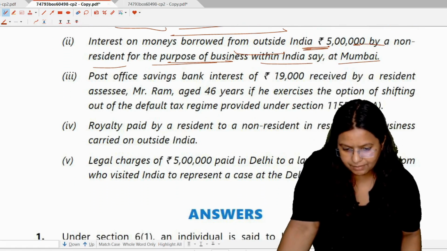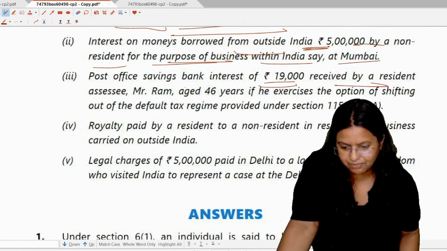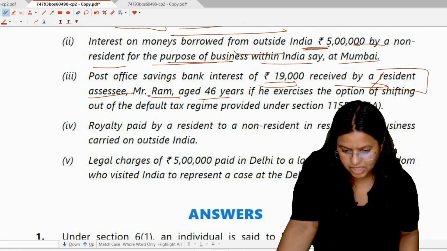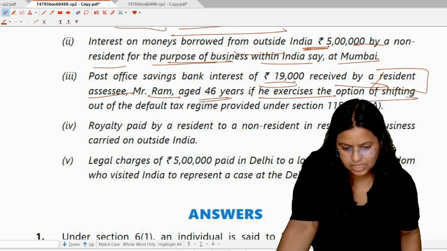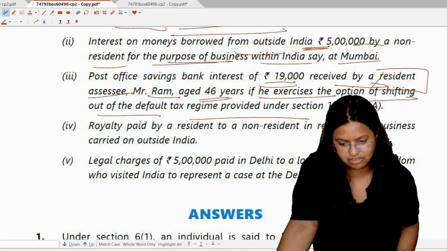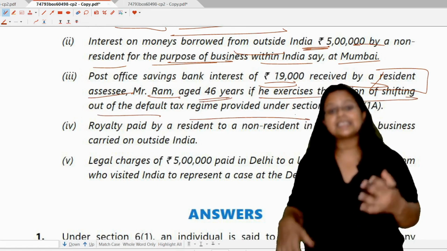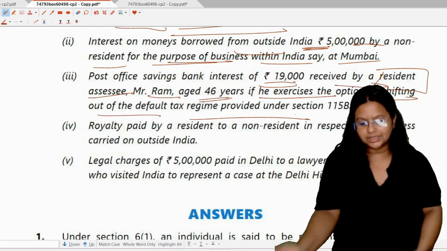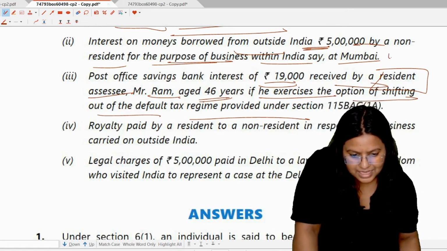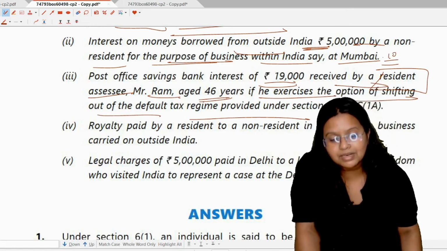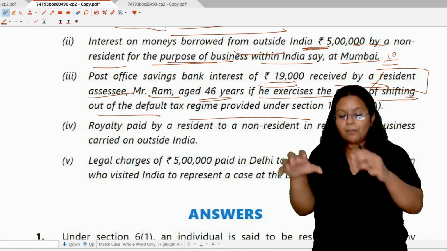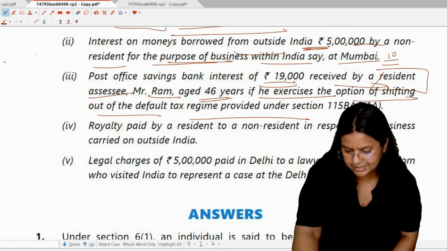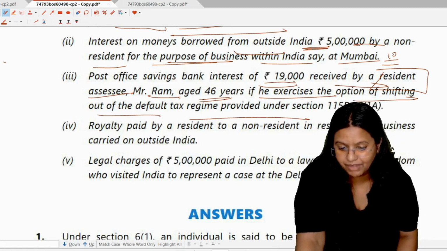Point number 3. Post office savings bank interest of 19,000 received by a resident assessee, Mr. Ram, age 46 years, if he exercises the option of shifting out of the default tax regime, it means he is exercising the option of the old regime. So he can claim many deductions here. First of all, as per section 10, if a person is getting income from post office savings bank interest, he will get an exempted amount, a deduction of 3,500 rupees.